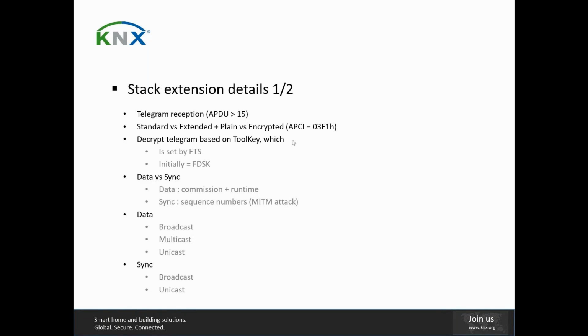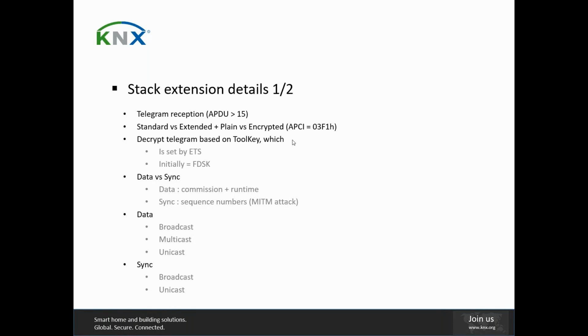And when this handshake is successful, then ETS will automatically change this FDSK with the tool key that it has selected for that device, and it will make sure that the tool key is also set properly into the target device.